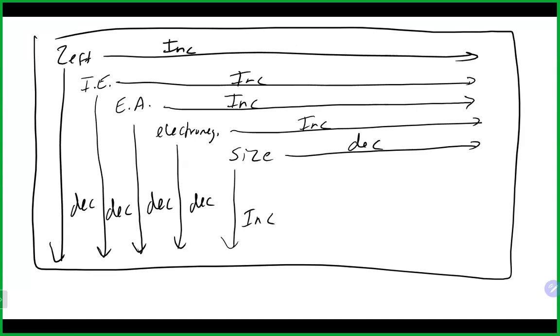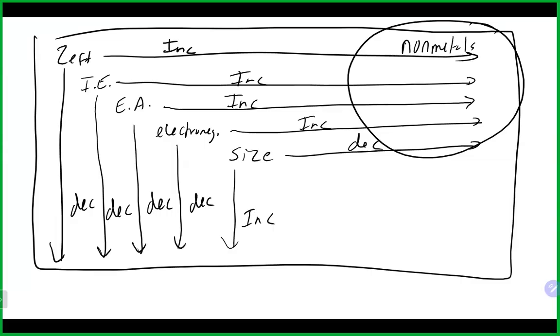What this tells us, if we overlay this onto what elements are where on the periodic table, is that the upper right of the periodic table is where our friends, the nonmetals, are. Nonmetals are very small in size, which means even the outer electrons are close to the nucleus.